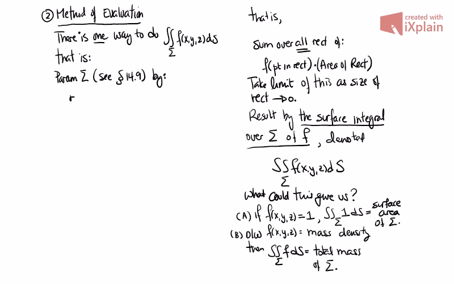By, remember this was with an r of u and v. And so this will have an x component, like an i component, x of u,v i, j component, y of u,v j, and a k component, z of u,v k.